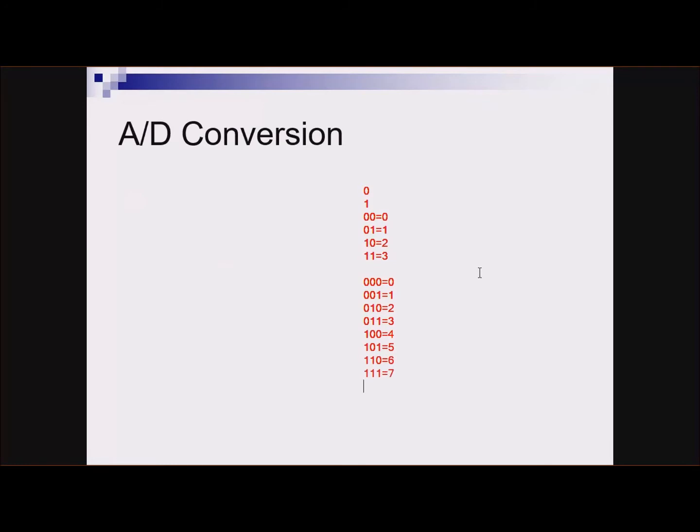Now I have 8 possibilities: 0, 1, 2, 3, and then all over again, 4, 5, 6, 7.